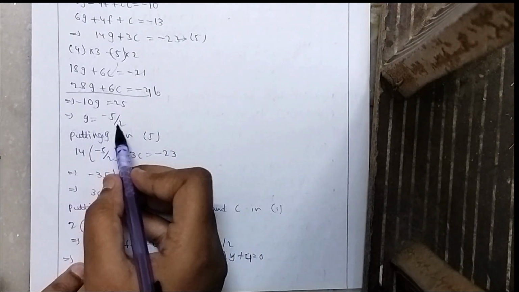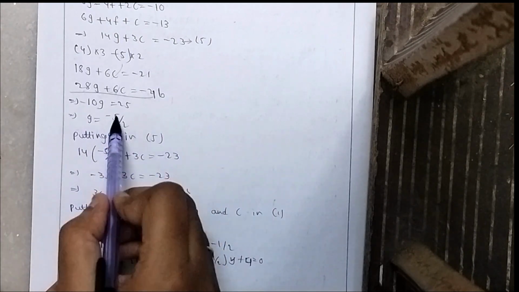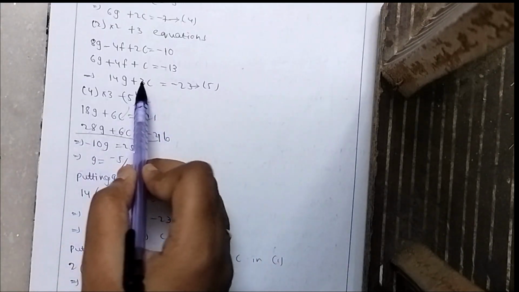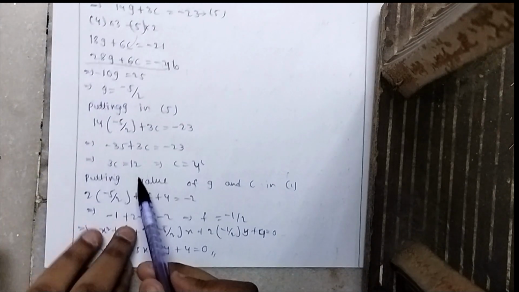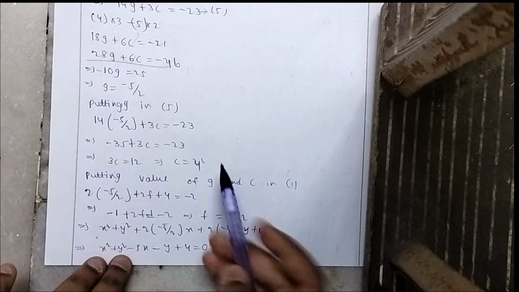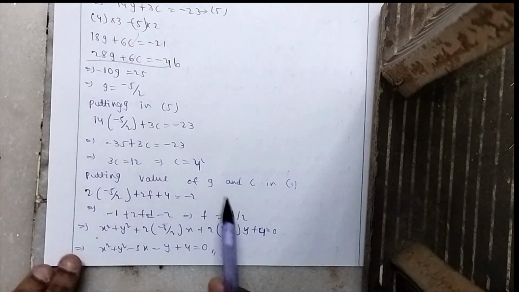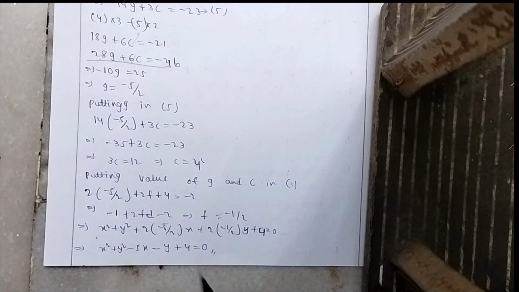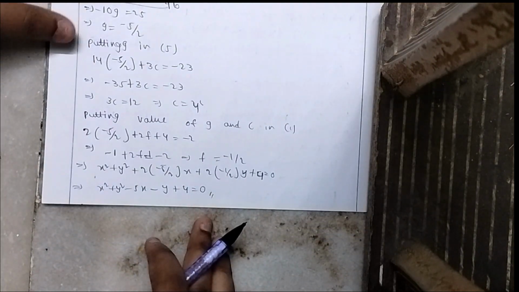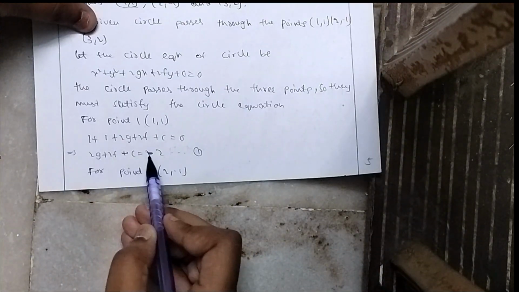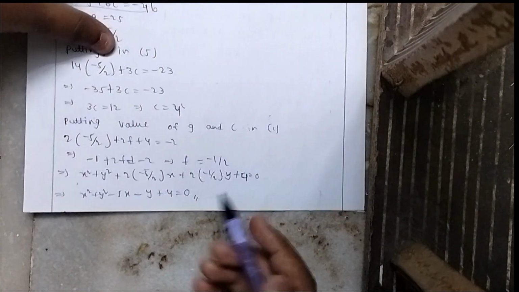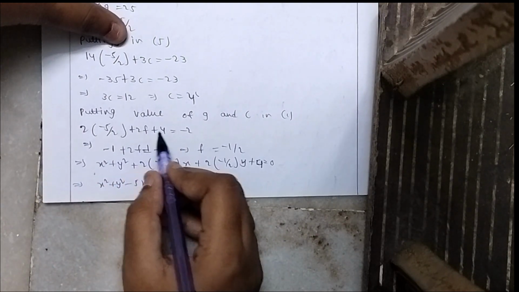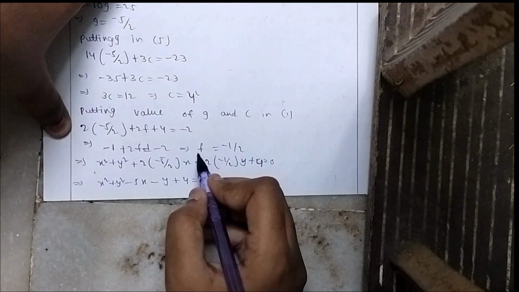So here we got the value of g. Substituting this g value in the fifth equation, we get the value of c, that is c = 4. So we got the values of c and g. Now substituting these values in equation 1, which is 2g + 2f + c = 2, we get the value of f.